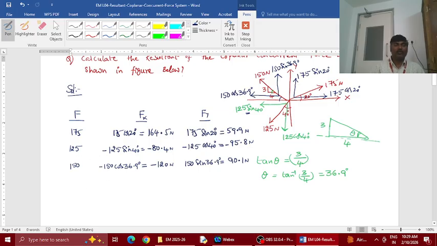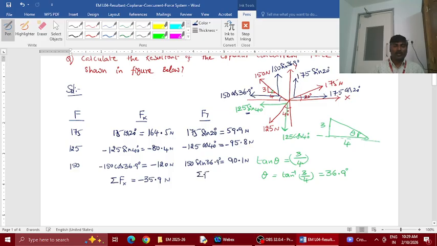Once you have found all the components, you find the summation. Adding all the x components, the sum comes out to be minus 35.9 Newton.